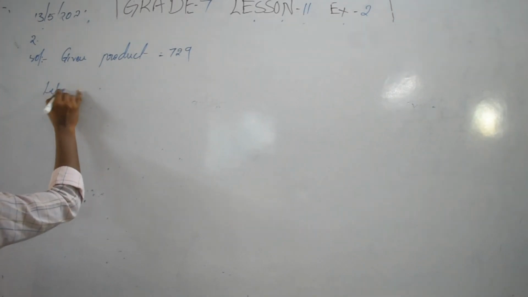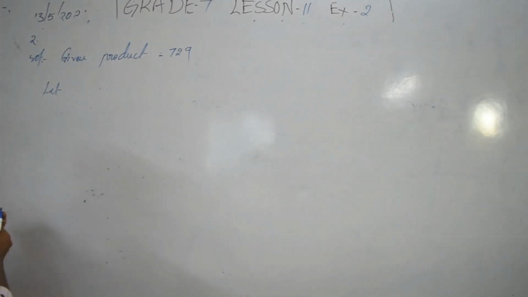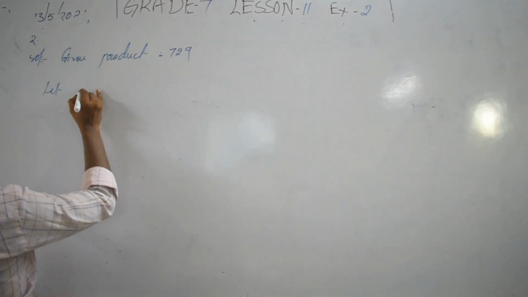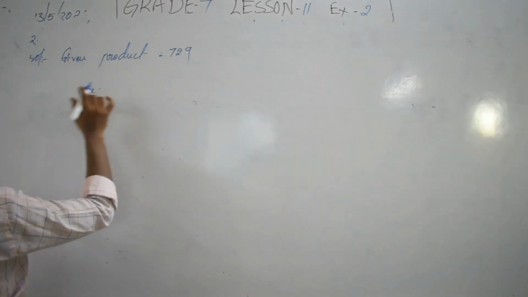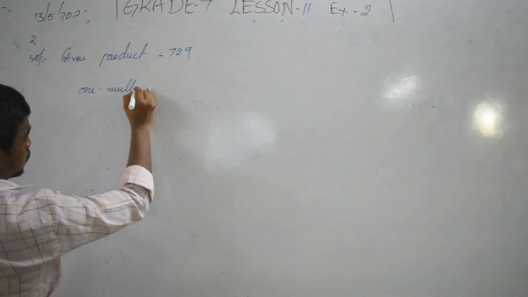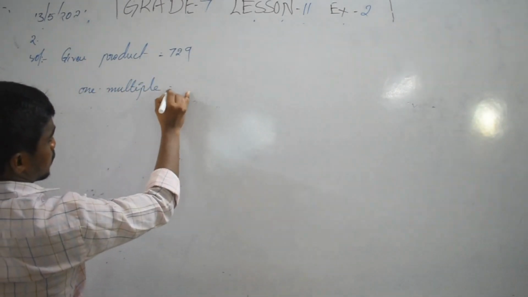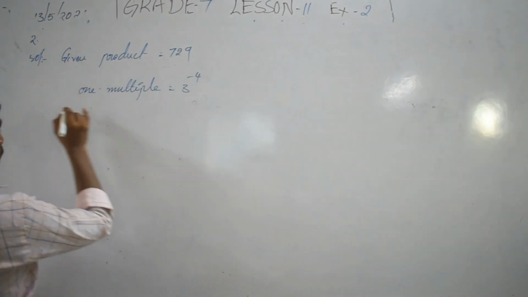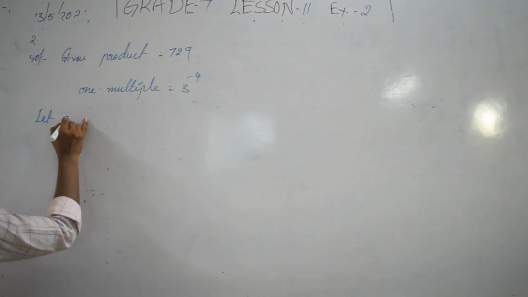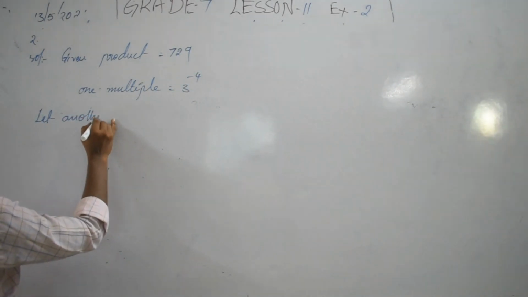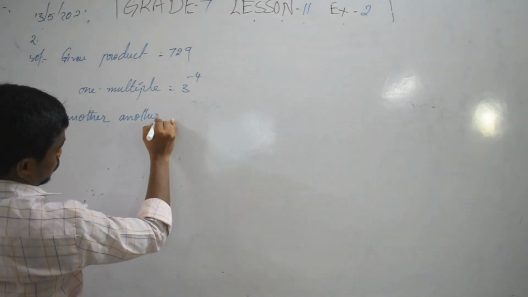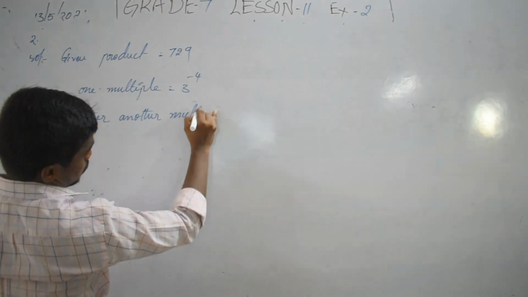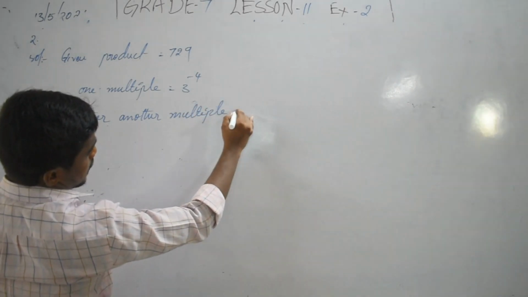Let one multiple be 3 power 4, and let another multiple be x.